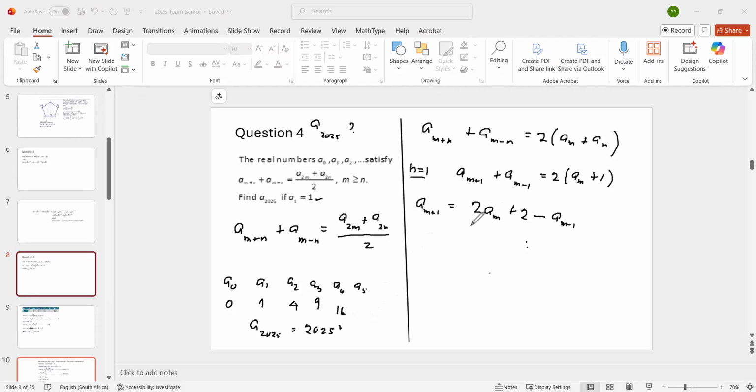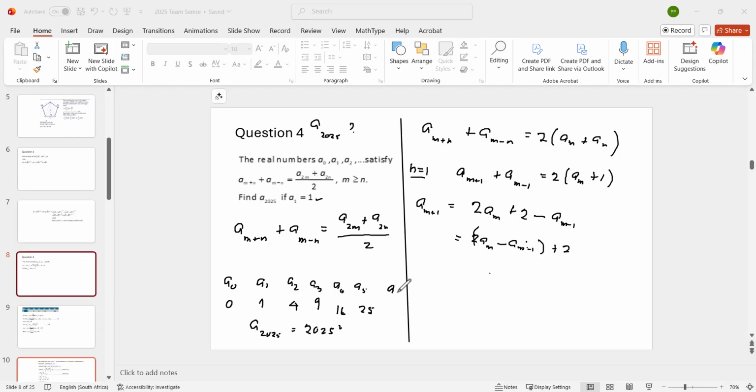Let's rewrite this as 2a_m minus a_(m-1) plus 2. All right, so I double the one just before it and subtract the one even before that one, then add 2 to it. So let's see. I double this, you get 32, minus 9 is 23, add 2, you get 25. And that's nice. See? This is a very much faster way of working this thing out.